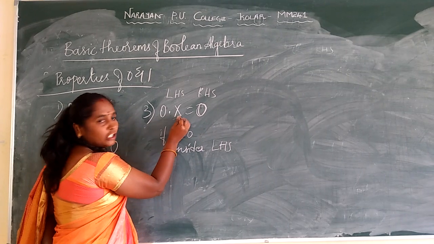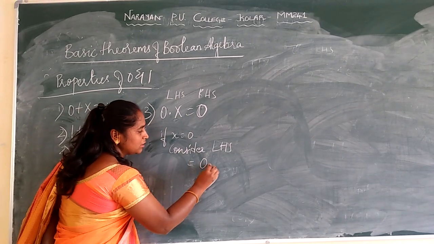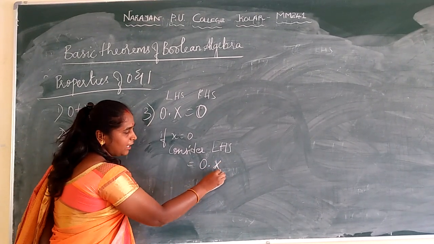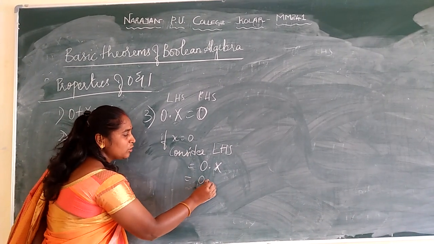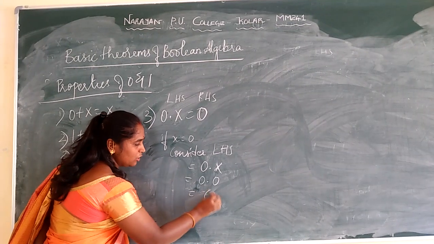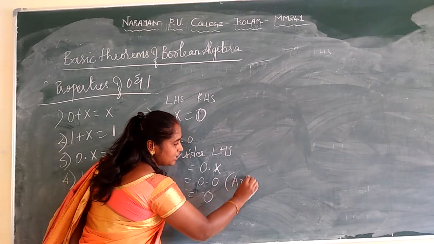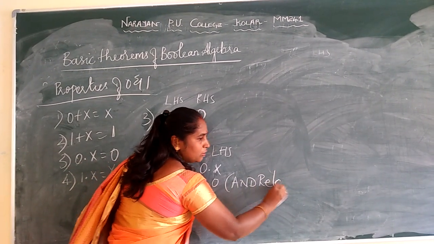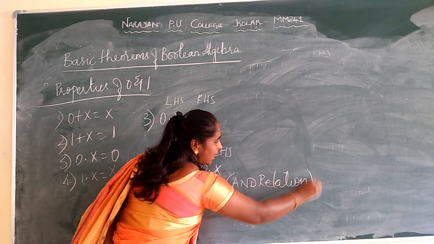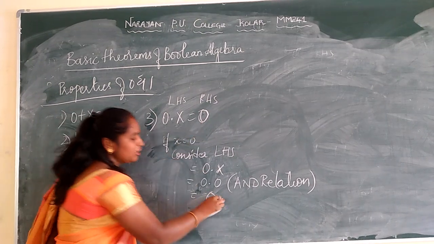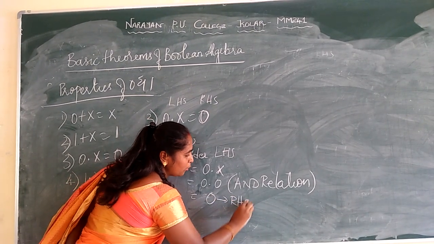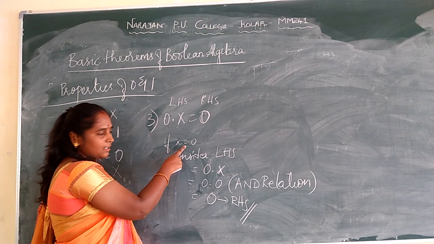What is the LHS? 0 into x. In place of x, you substitute the value 0. That is 0 into 0, which is 0 according to your AND relation. We are going to use the AND relation. So 0 into x is nothing but 0. Your RHS has been proved for this value of x.